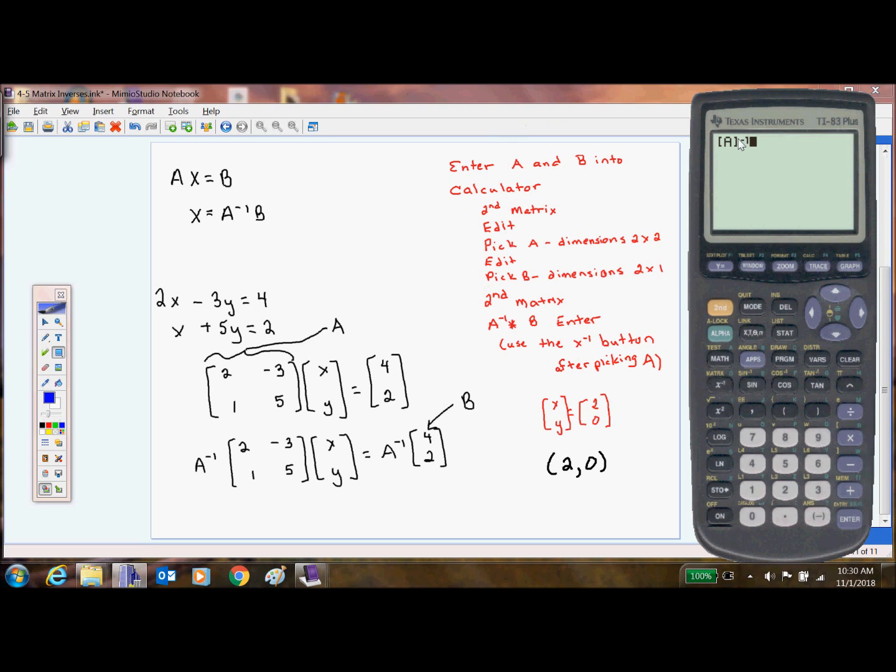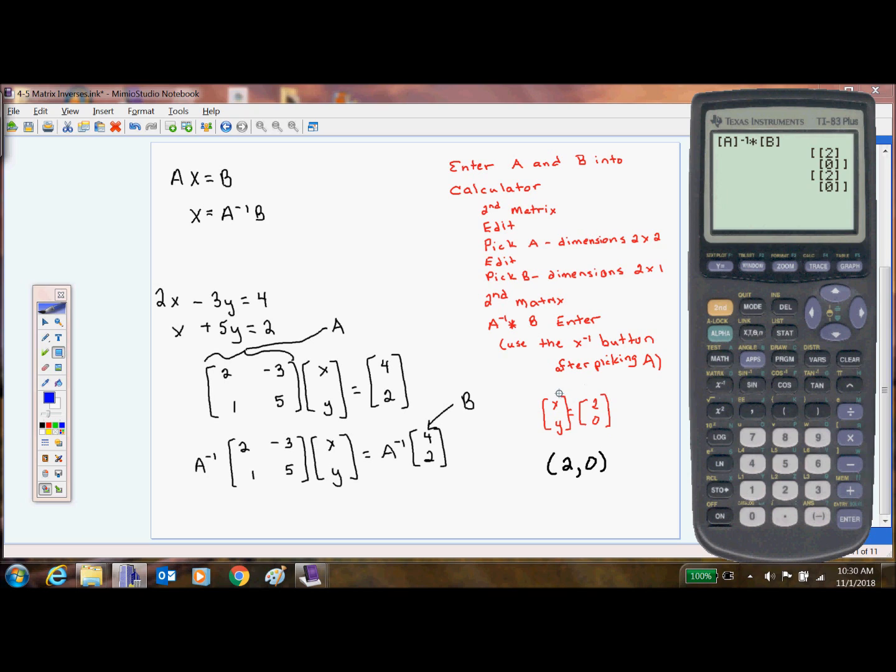So we've got A inverse times, and then pull up matrix B, down to B. So A inverse times B, and I accidentally hit it twice, but it should be 2, 0. So our answer, A inverse B, is 2, 0.